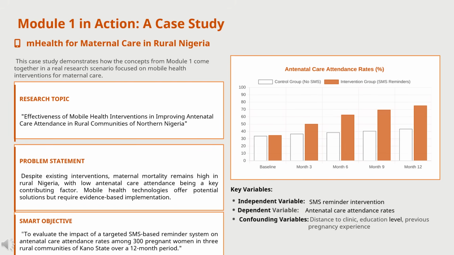Then let's look at the problem statement. When you look at the problem statement, it will highlight the high maternal mortality rates and low antenatal care uptake in these areas. And our SMART objective will quantify the expected improvement.